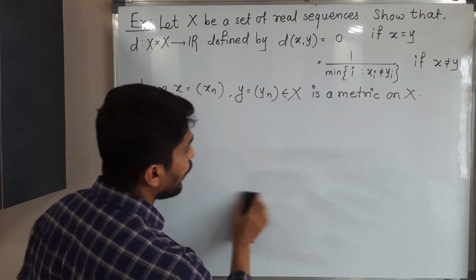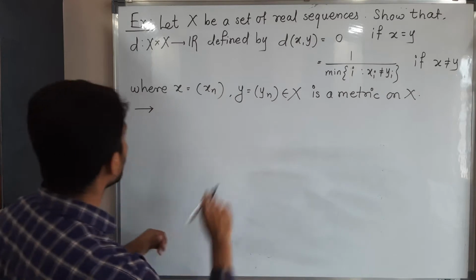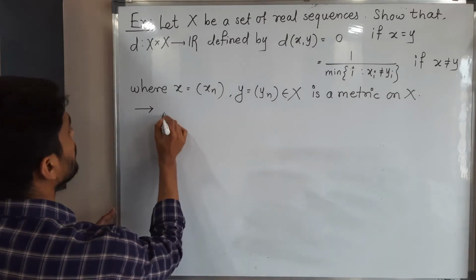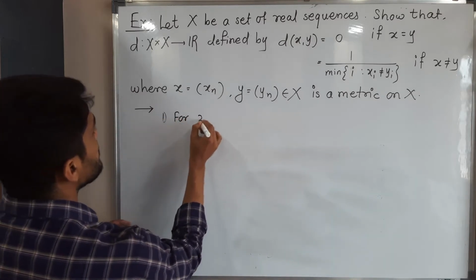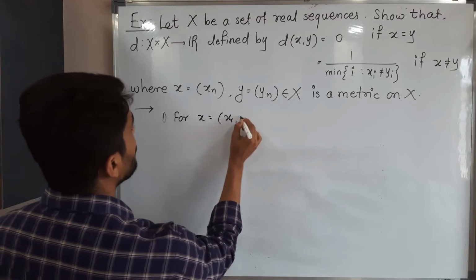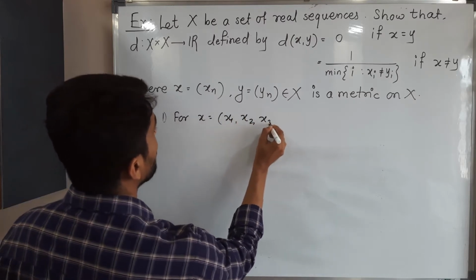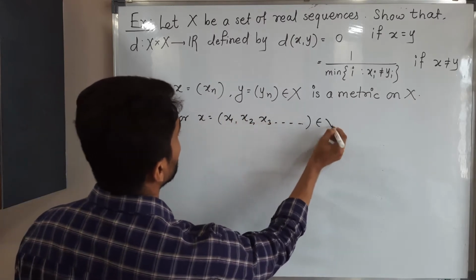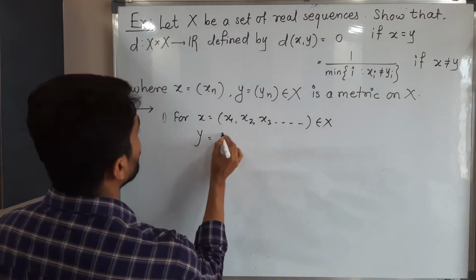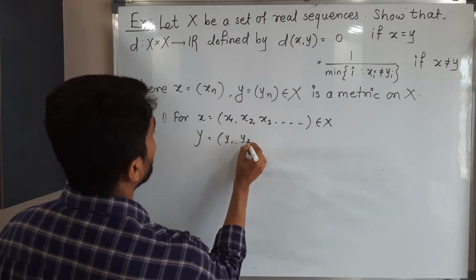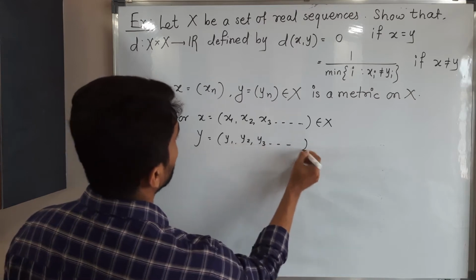You remember the first condition. The first condition is non-negativity. If I take two sequences, x is equal to x1, x2, x3 and so on, this is the first sequence, and y is equal to y1, y2, y3, this is the second sequence.